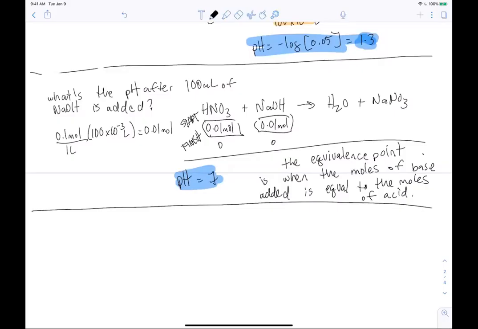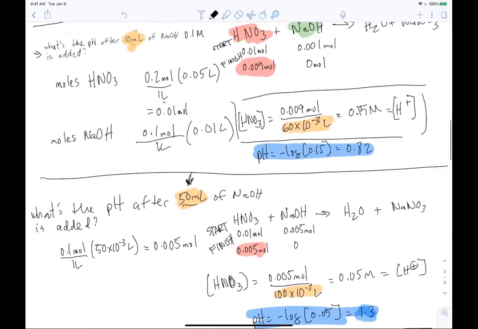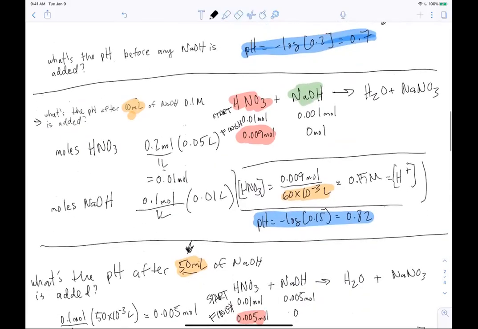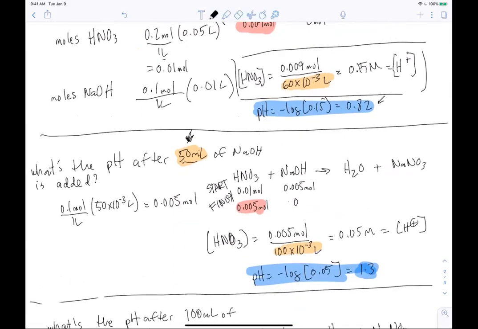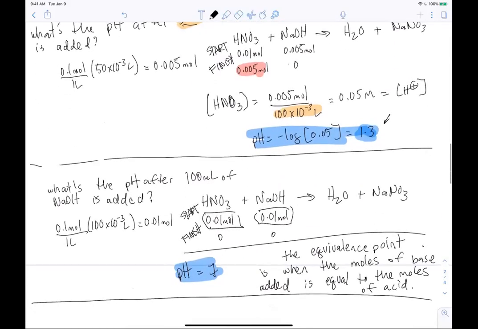Let's say, the question is why the pH jumps like that, and we can see this when we make a plot. We have 10 milliliters, we add another 10 milliliters, and things change a little bit like you would expect, 0.7 to 0.82. If I add 50 milliliters, I see it go up to 1.3. When I add 100 milliliters, it doesn't go up linearly. It goes all the way up to a pH of 7.